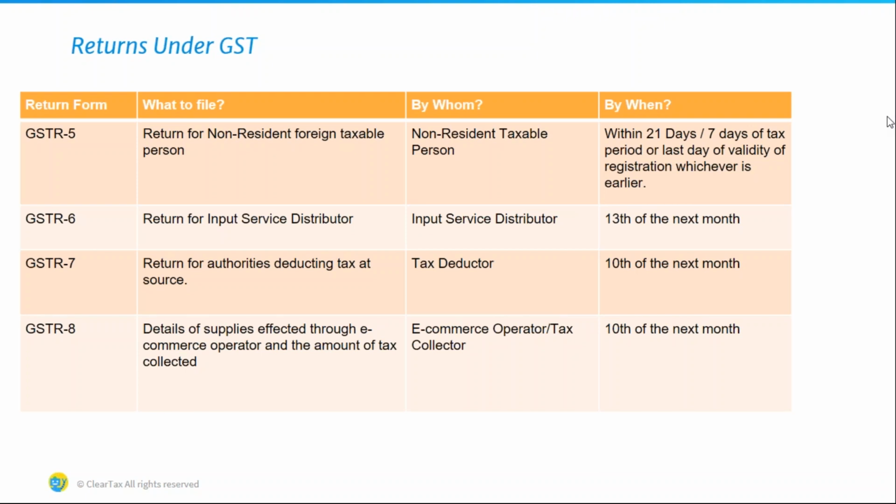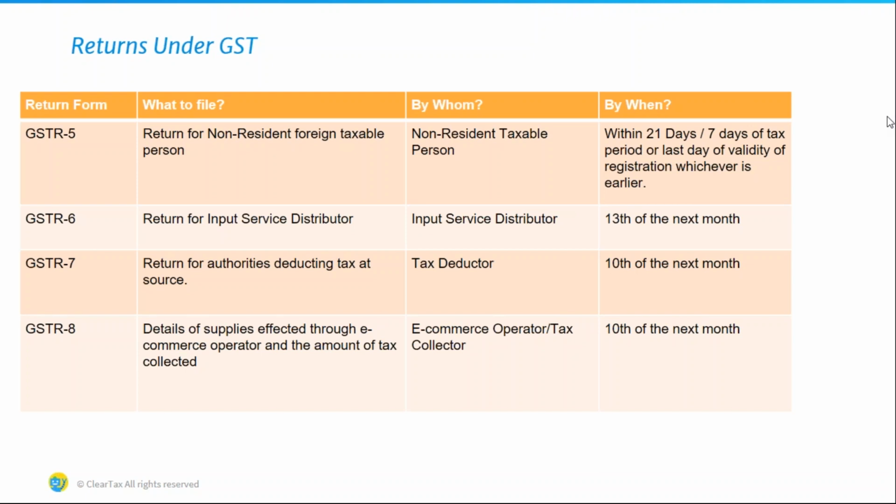Also, another new concept that is being introduced under goods and service tax is tax deduction at source and tax collection at source. So when we talk about tax deduction at source, as of now, the law specifies that certain transactions and certain persons would be required to deduct tax at source.